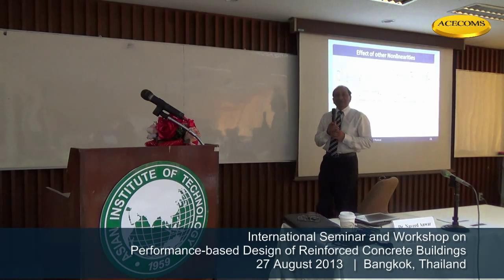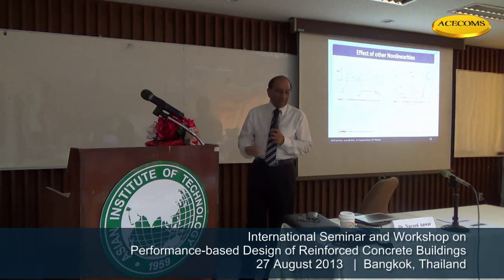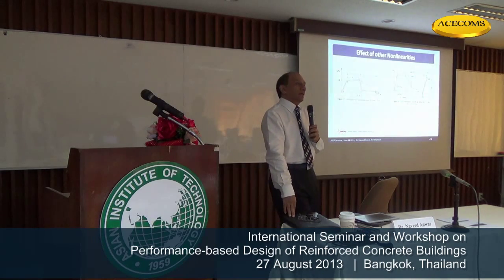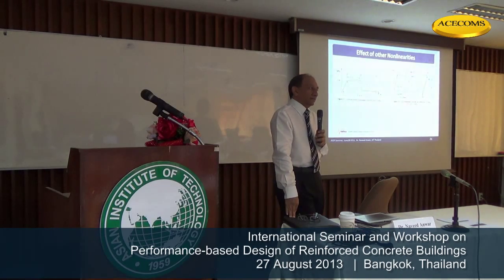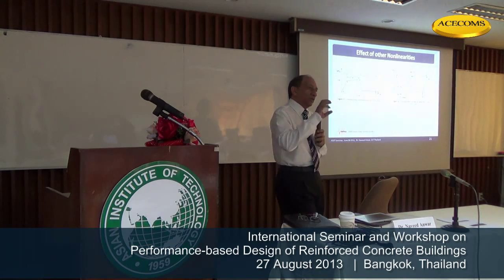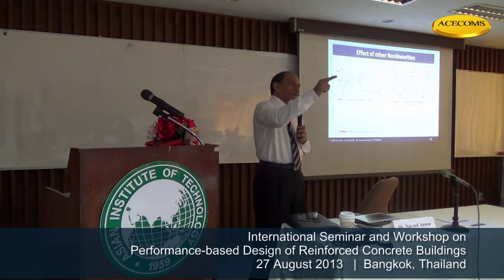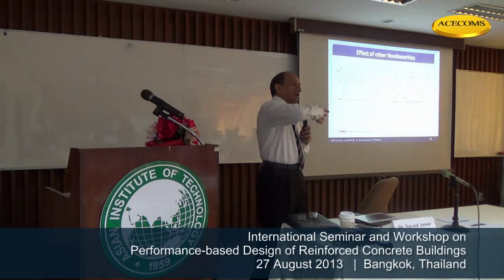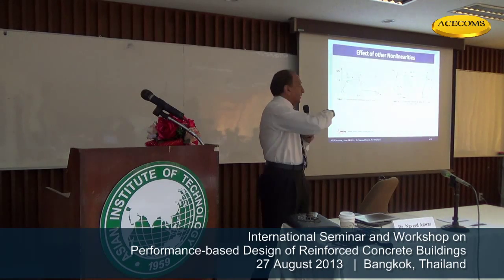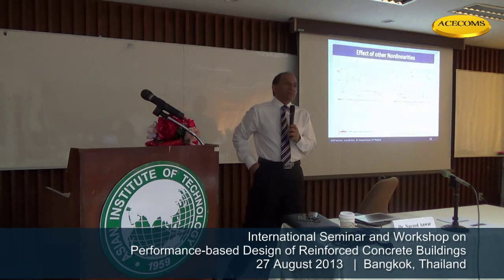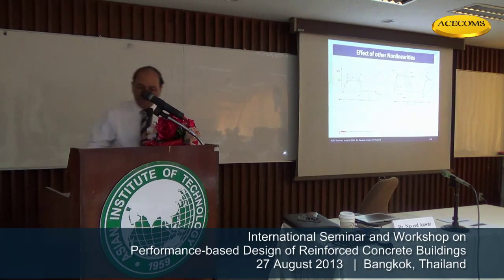So that means the P delta effects can be included into the hinge properties that we are developing, this curve that we are using. So that gives us the opportunity to combine, because we have seen the previous curves without P delta, without geometric nonlinearity, and material and geometry can be combined, and we can have a modified backbone curve that we can use as an input.